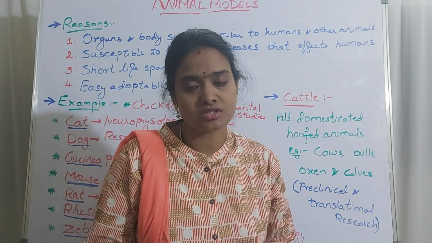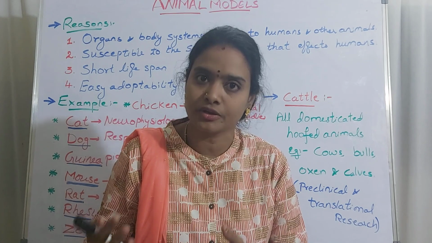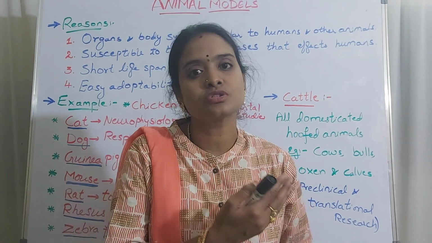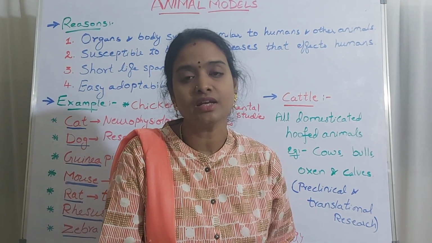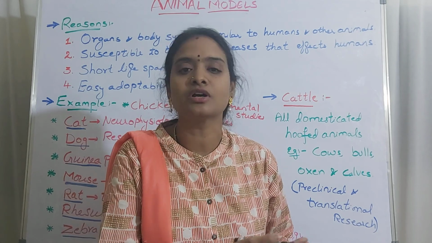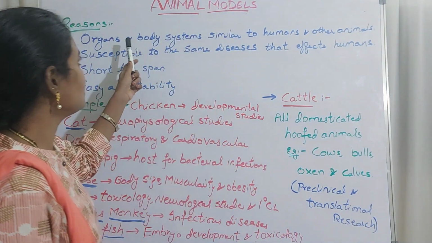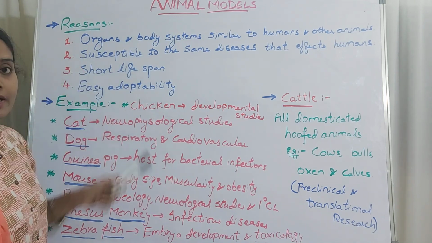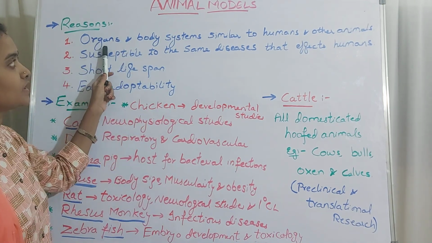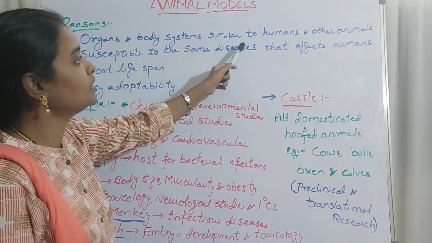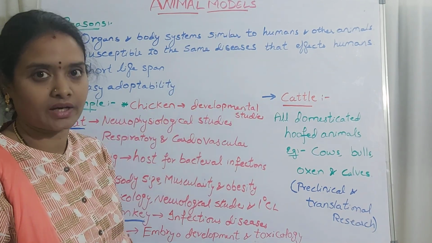If you are studying the nervous system of a human, you have to use a model animal that has the same nervous system. So that is the first one, where the model animal must have organs and body systems similar to humans and other higher animals.